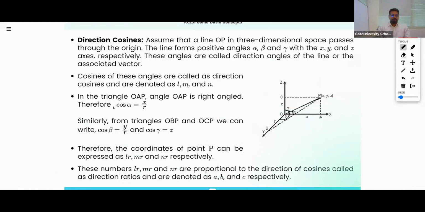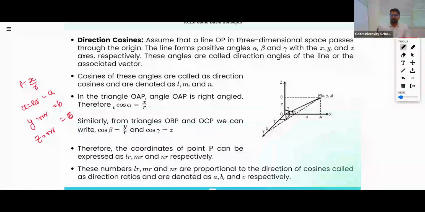Along with that, we know L is equal to x by r. Then x is LR. Similarly, y is MR and z is NR. So we can also use letters like A, B, and C instead of writing x, y, z.